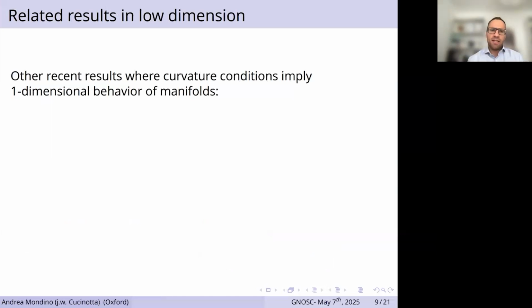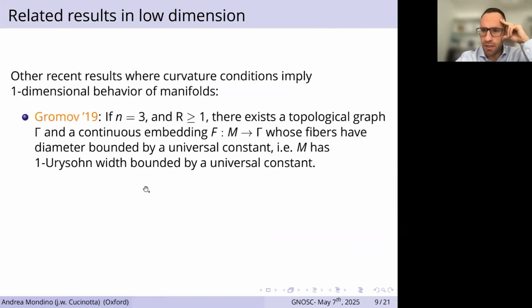Okay, so let me discuss some related results in low dimensions. So there are some results for manifolds in lower dimension.